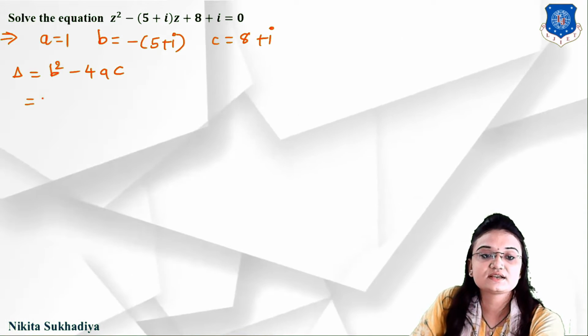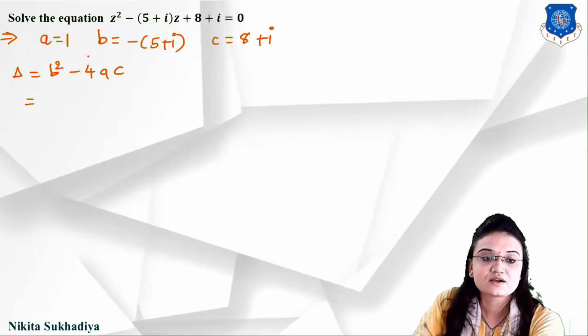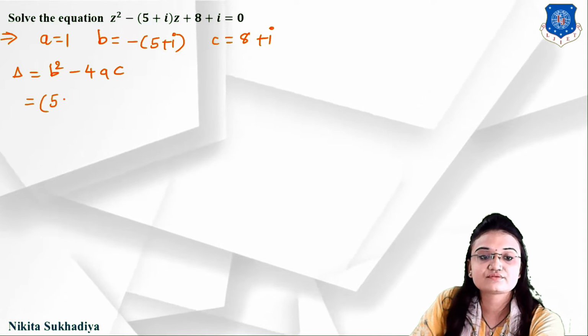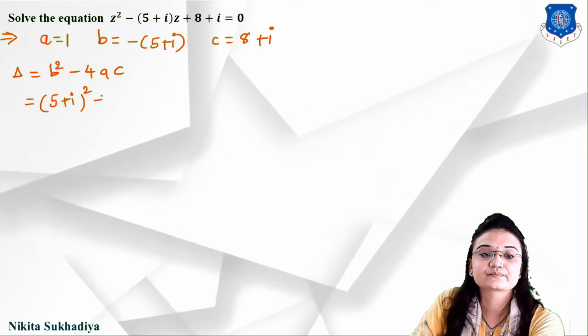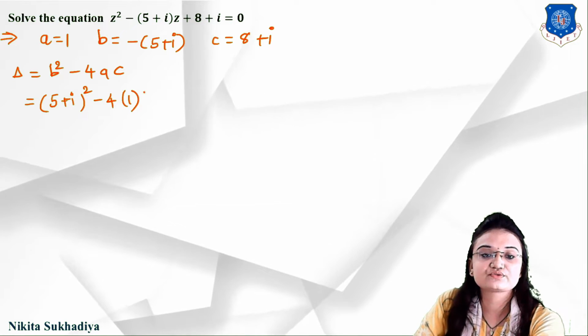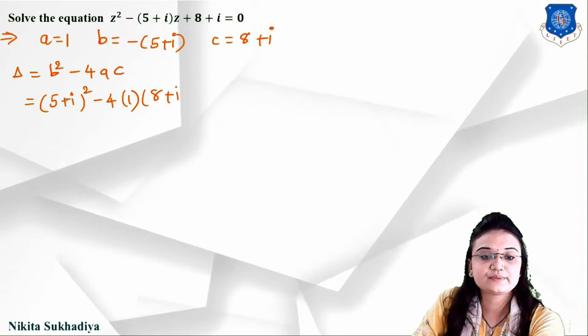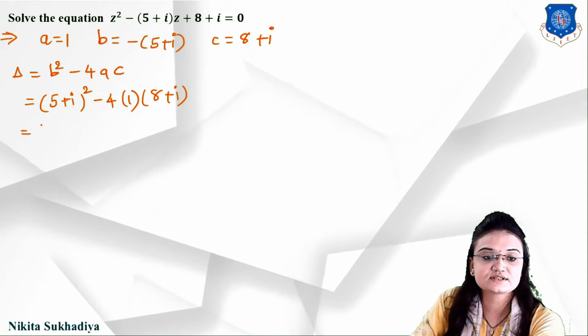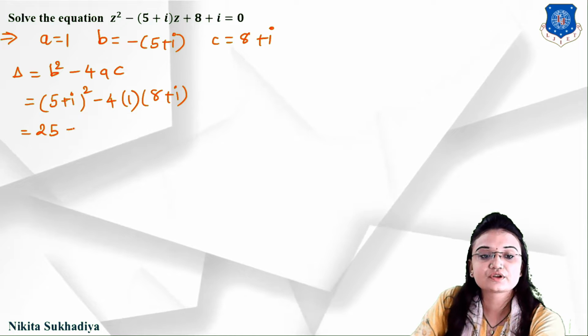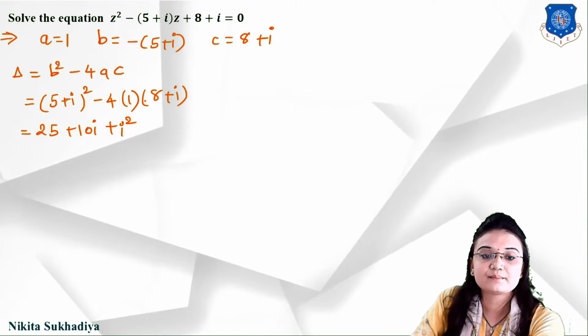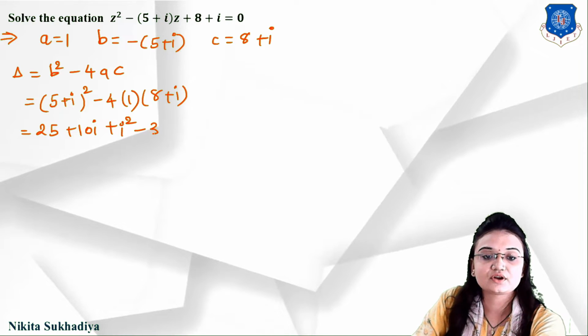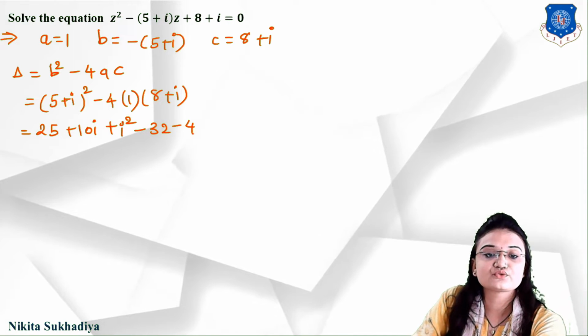So here b is minus (5 plus i), and b squared will become (5 plus i) whole squared, minus 4 times 1 times c, which is 8 plus i. So this is 25 plus 10i plus i squared minus 32 minus 4i.